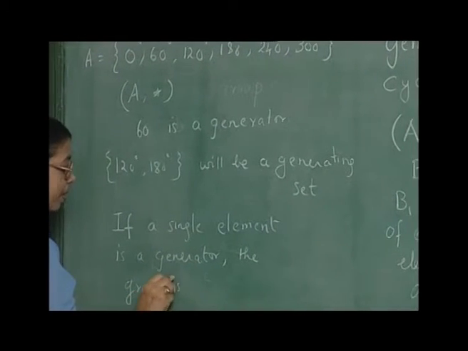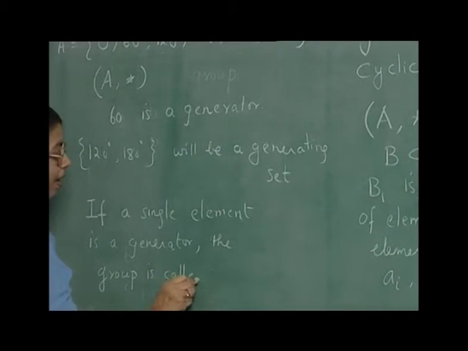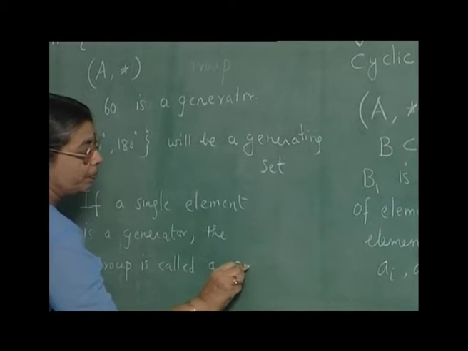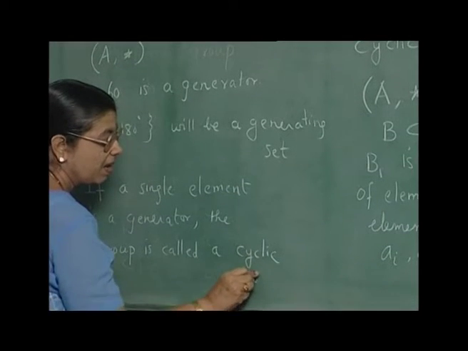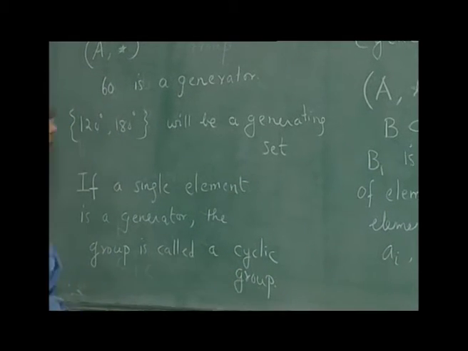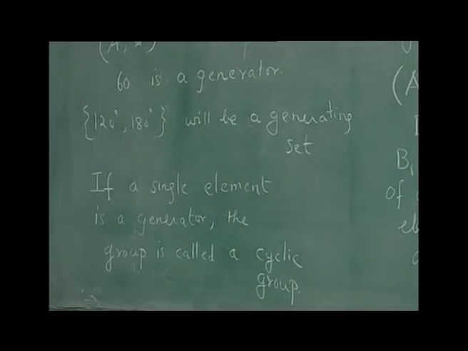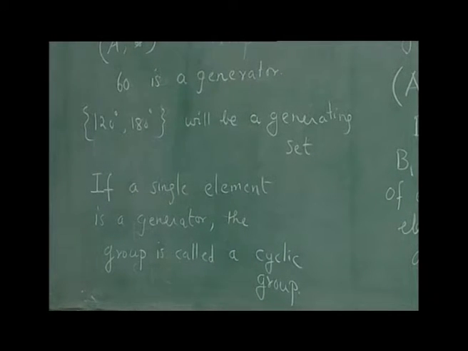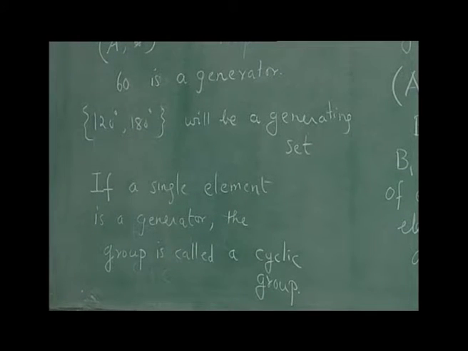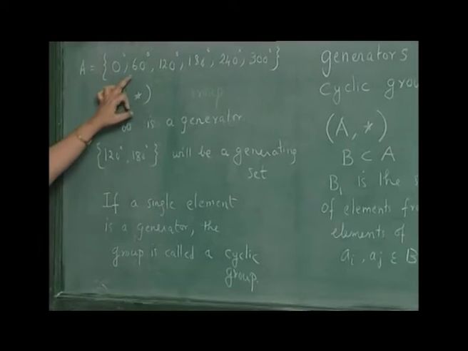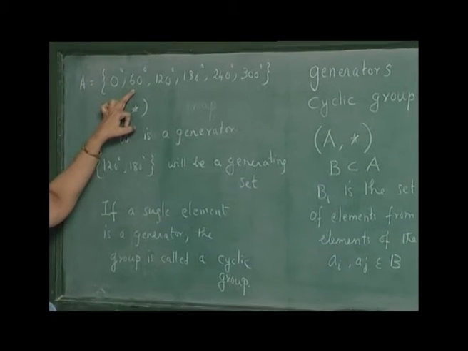The group is called a cyclic group. For example, this is a cyclic group and 60 degrees is a generator for this.